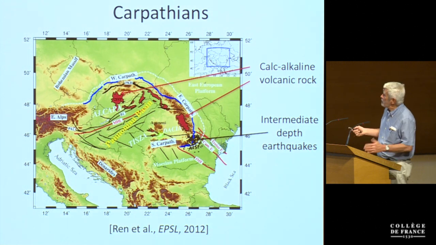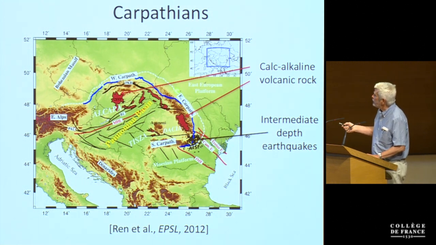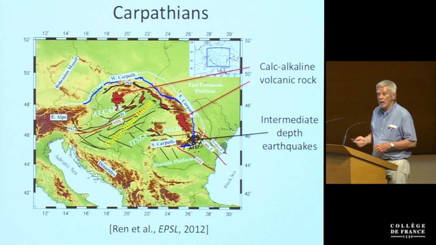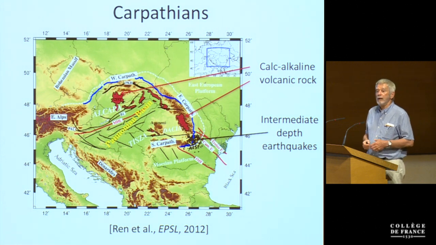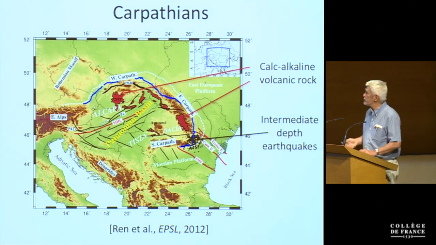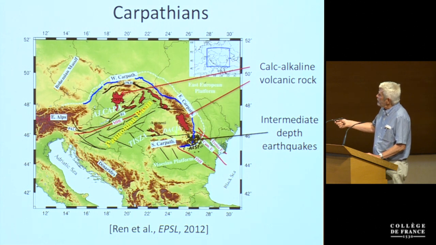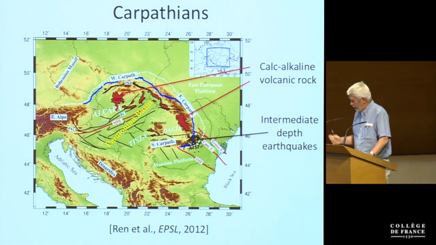This is first just a map of the Carpathians. Over in here, you recognize the Alps, the Adriatic Sea, the Black Sea, the Carpathians. The red is showing fairly young calc-alkaline volcanic rock, the kind of rock you associate with subduction. But all of the intermediate depth earthquakes are in a cluster over here in the corner of the Carpathians on this side.